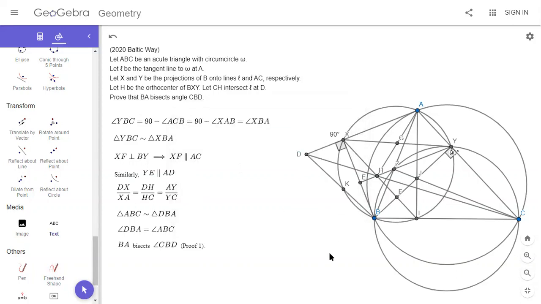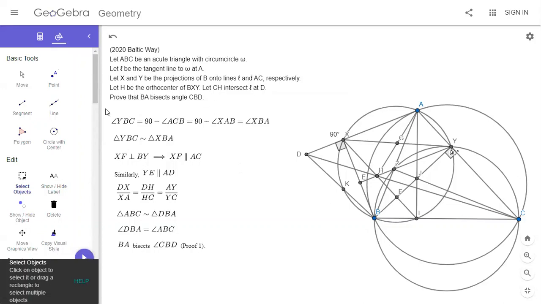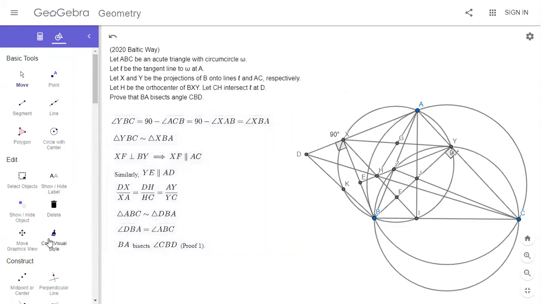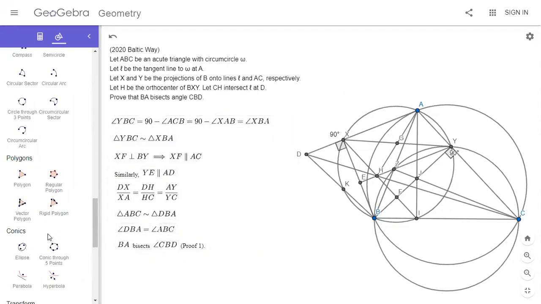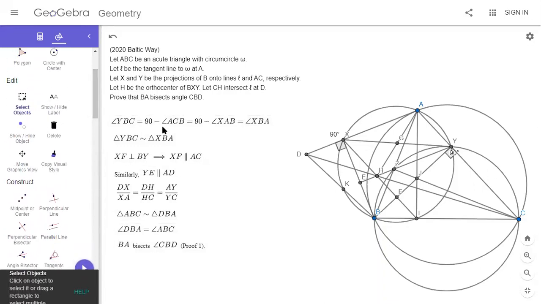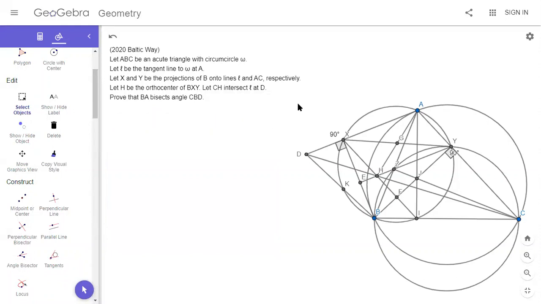Now I'm going to try to do Anmol's suggestion. Let's do proof two. Does this make sense to everyone? Just assume it does. So now I'm going to delete this and try Anmol's idea.